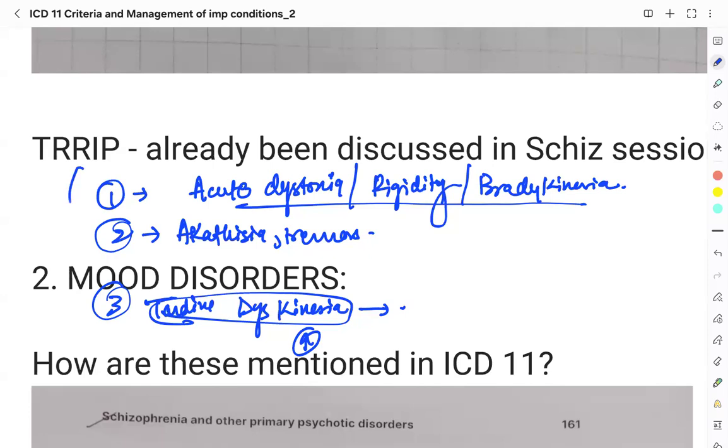All of these are side effects from antipsychotic treatment. When does tardive dyskinesia usually occur in these patients, and what is tardive dyskinesia? What are some of the symptoms present in tardive dyskinesia? Anyone?